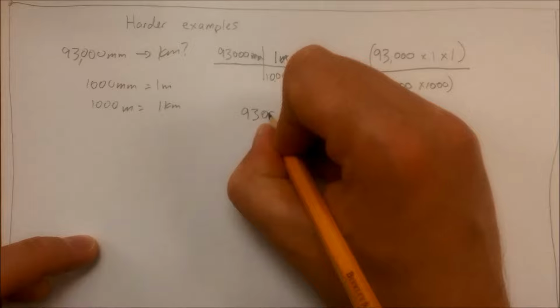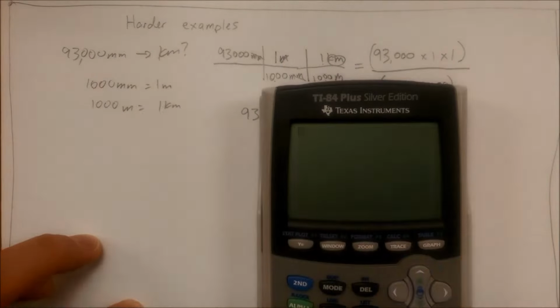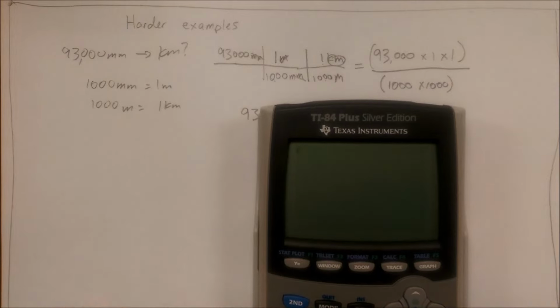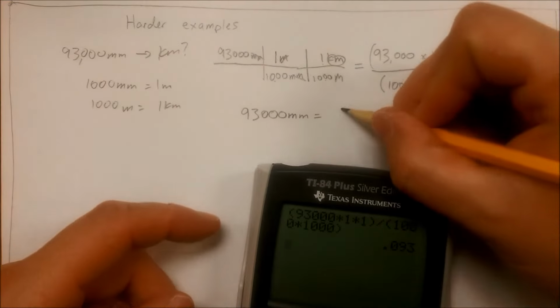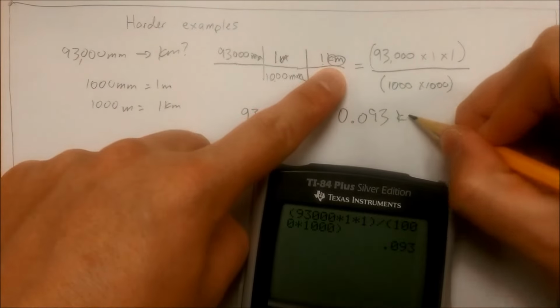So in other words, 93,000 millimeters will equal, it's calculator time, 93,000 times 1 times 1 divided by 1,000 times 1,000. And I'll get 0.093 kilometers.